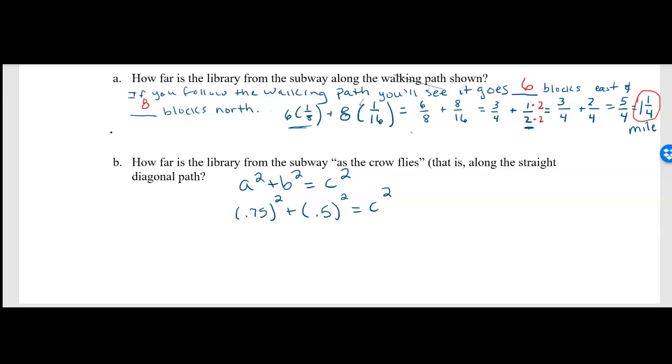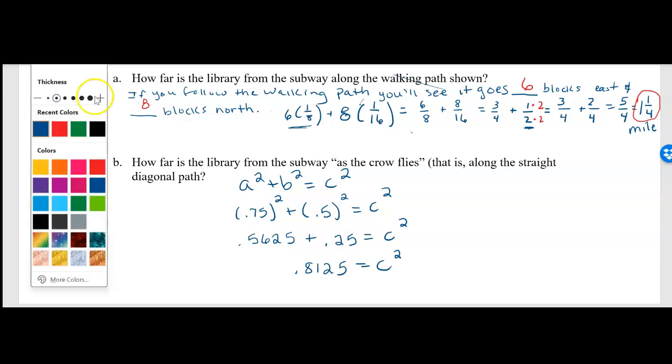So take 0.75 squared, and we get 0.5625 plus, and then 0.5 squared is 0.25. That equals c squared. Add these two together, right? We need to simplify. 0.8125 equals c squared.